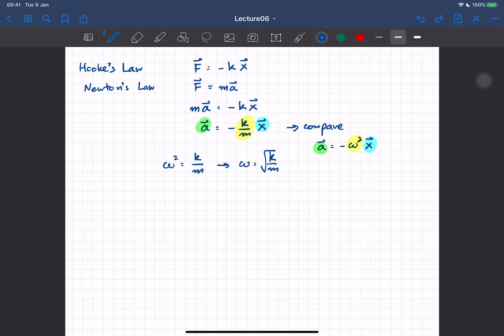So we have really quickly determined the frequency of the mass and spring system, right? If you don't like omega, you can convert it to frequency, and you should confirm yourself that it's given by 1 over 2 pi times square root of k over m, and the period of the oscillation is 1 over f, so it's just 2 pi root m over k.